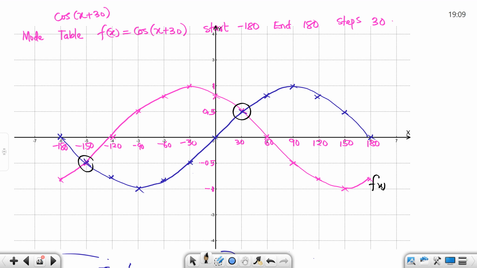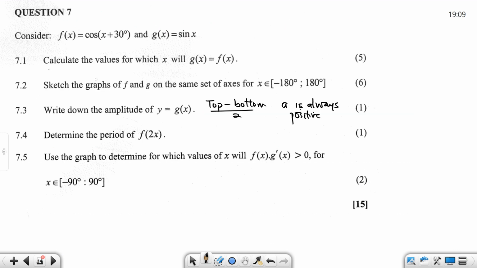This is f of x. And this is what? Now, what are we looking for again? Amplitude. Top minus bottom. What is the top value? 1. What is the bottom value? Negative 1. So 1 minus negative 1, divided by 2. What would that give you? 1. So what is the amplitude? 1.